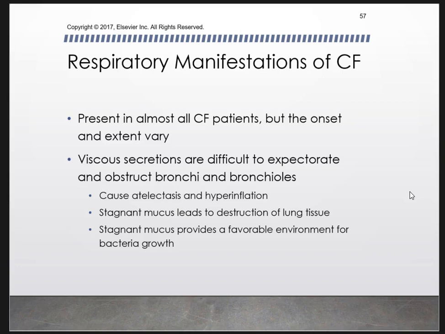So on the more serious side, due to those really thick secretions, the obstruction in bronchi and bronchioles, for the patient with CF who has severe disease, we're talking about things happening like compression of the pulmonary blood vessels, progressive lung dysfunction, which is going to lead then, thinking about some of the biggest issues with respiratory, to pulmonary hypertension, cor pulmonale, respiratory failure, and then obviously death.